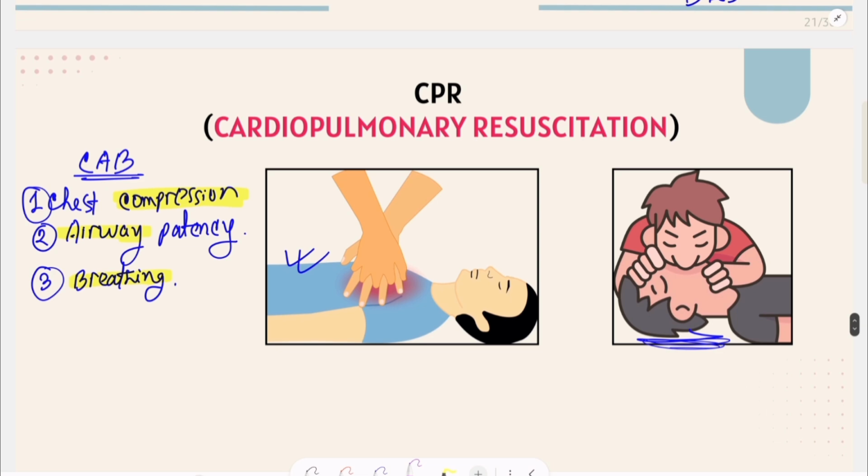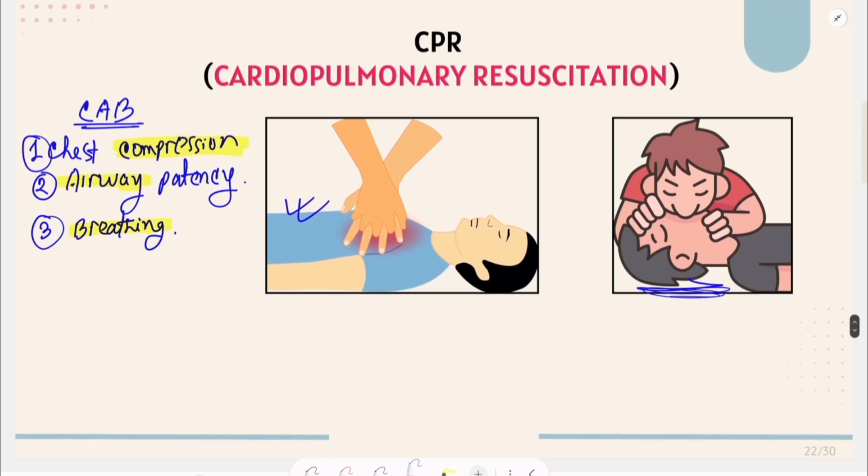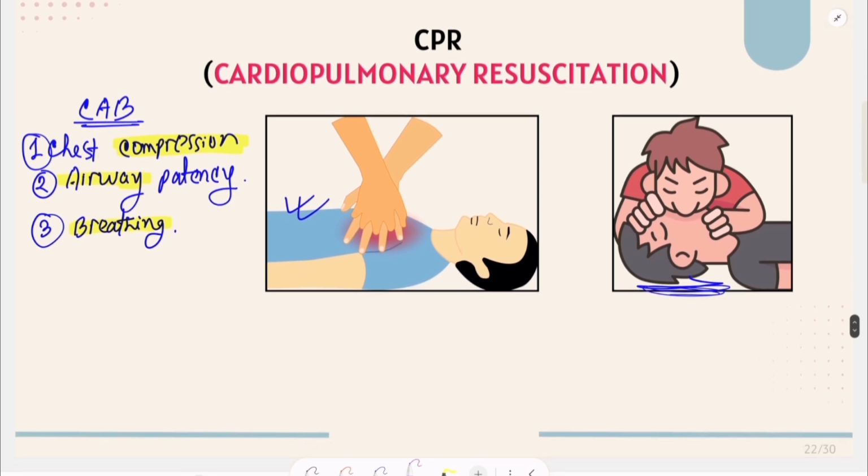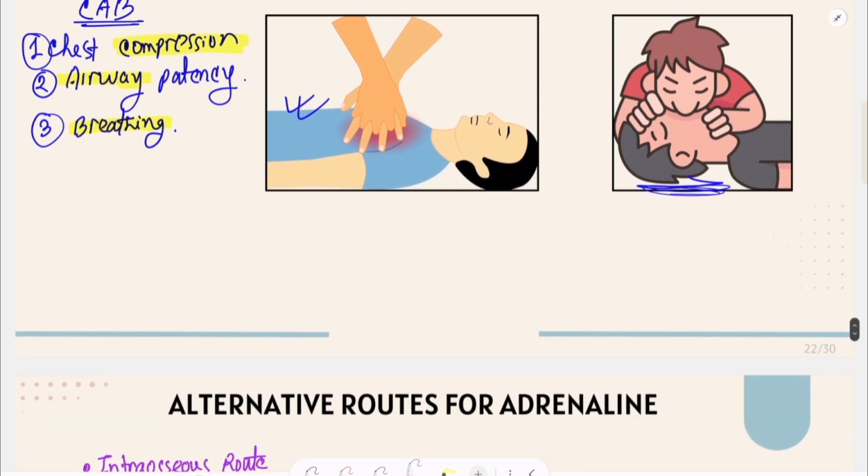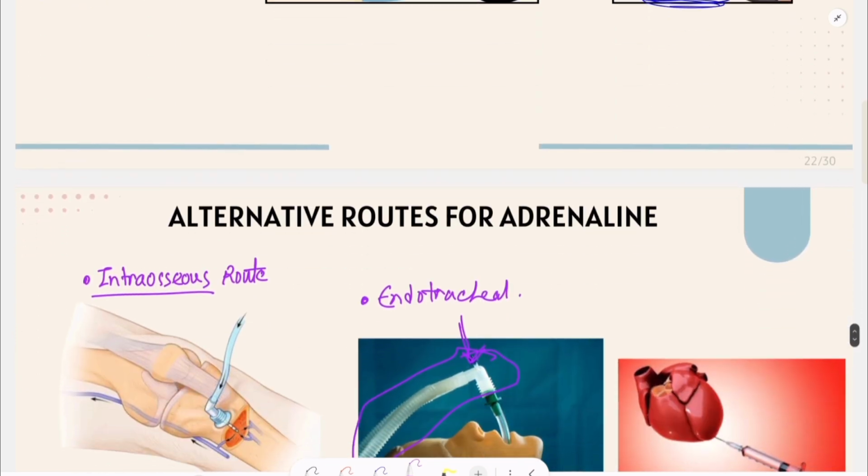So in a life-threatening shock condition, we will provide CPR. If the CPR does not work, we will provide adrenaline through IV route. And if IV route is not possible, we will provide it through intraosseous route. And if we do not have the intraosseous needle, we will provide the adrenaline through endotracheal route.